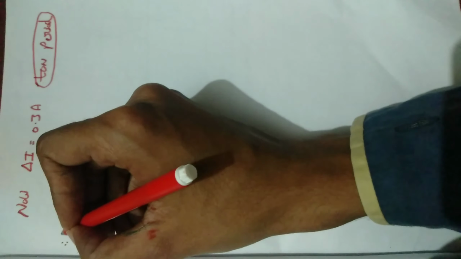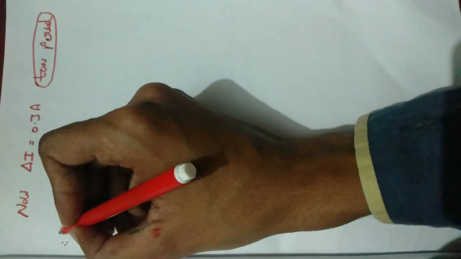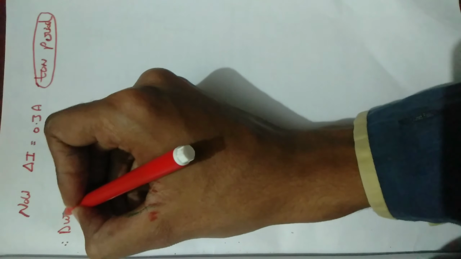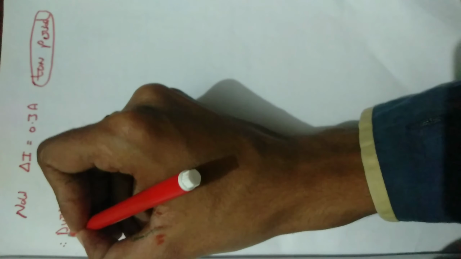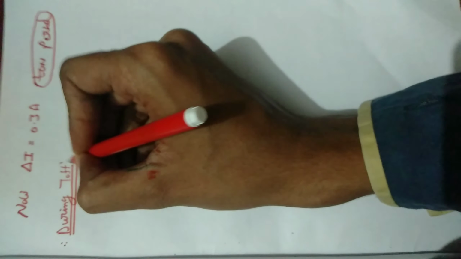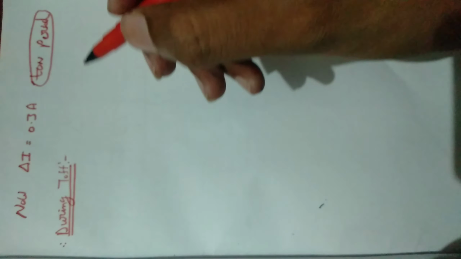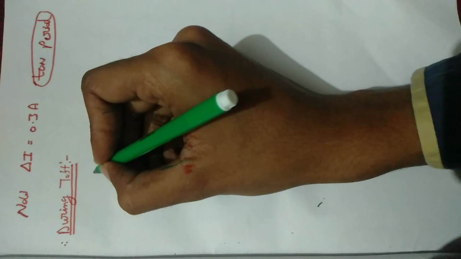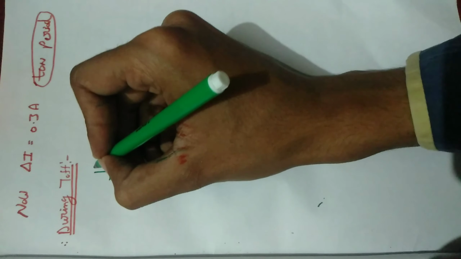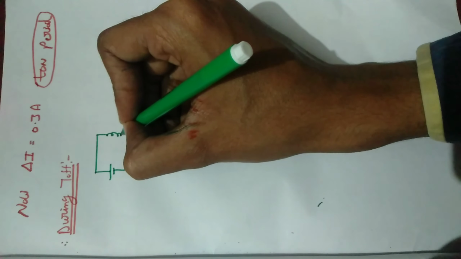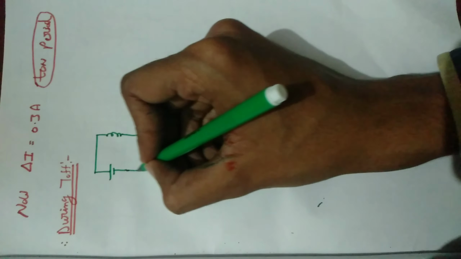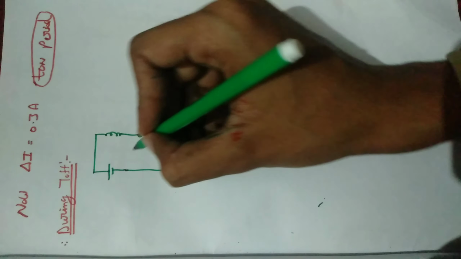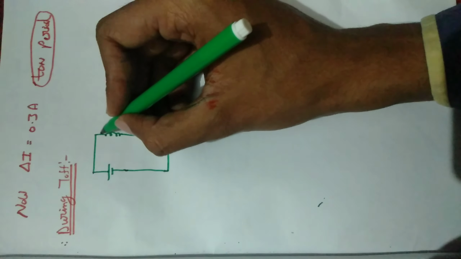Now we have to consider T off. During T off, the switch is open, meaning there is no current flow from the source in this circuit.